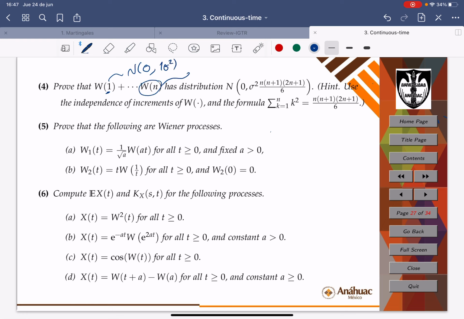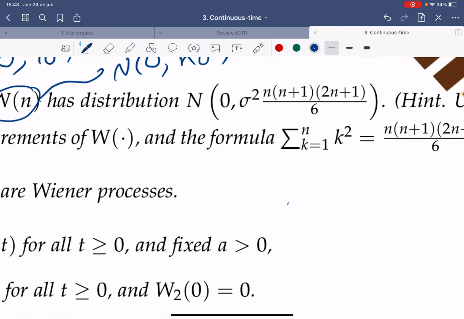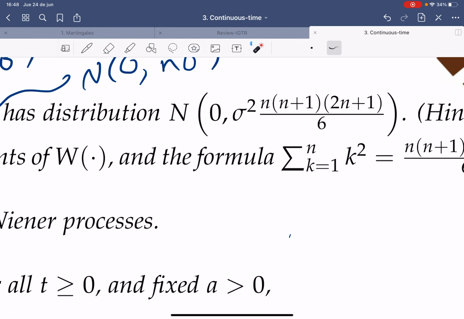For this case, that would be something like a normal random variable with mean 0 and variance n sigma square. Then this sum has normal distribution with mean 0 and variance given by sigma square and all this stuff here.